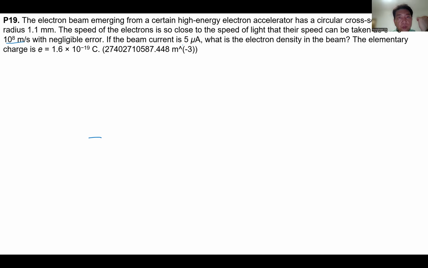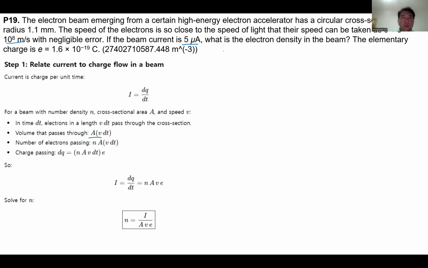If the beam current is this one, what is the electron density of the beam? So now we have a different entity here. It is the electron beam, and the beam current is 5 microamperes, and we need to find out how many electrons per cubic meter are present in this electron beam.